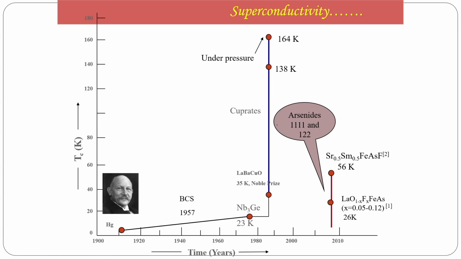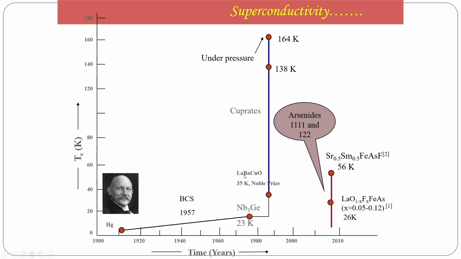So, there the cuprates etc. lie, and then of course, from 2008 onwards there were some other superconductors discovered, which had lower Tc's, not so low, about 60 Kelvin at most, for these strontium, samarium, iron, arsenide superconductors, so to say.